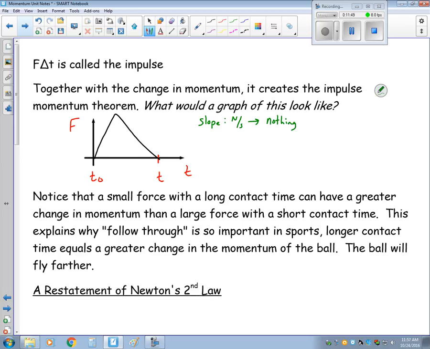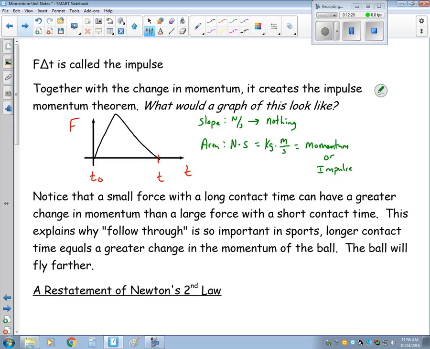The area would have units of a newton times a second. Well, a newton is a kilogram meter per second squared. So if I take a newton times a second, that gives me a kilogram meter per second, which equals momentum. Or impulse.